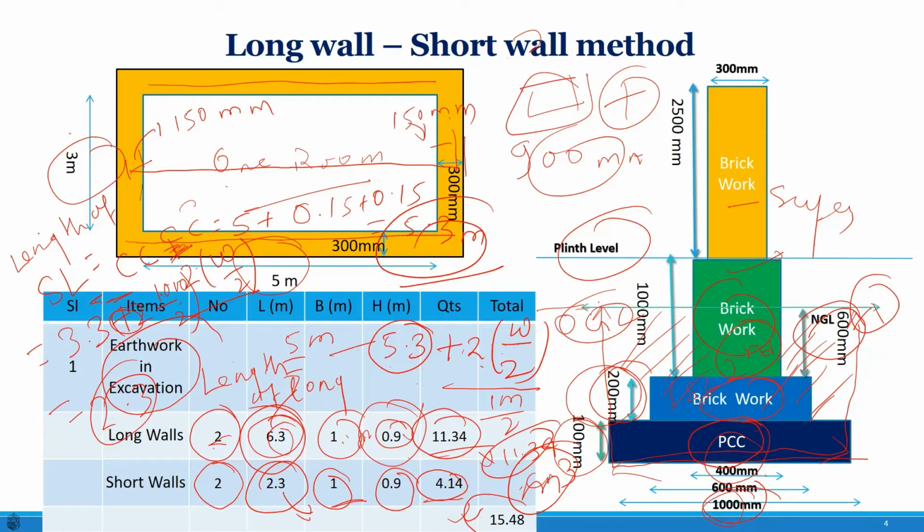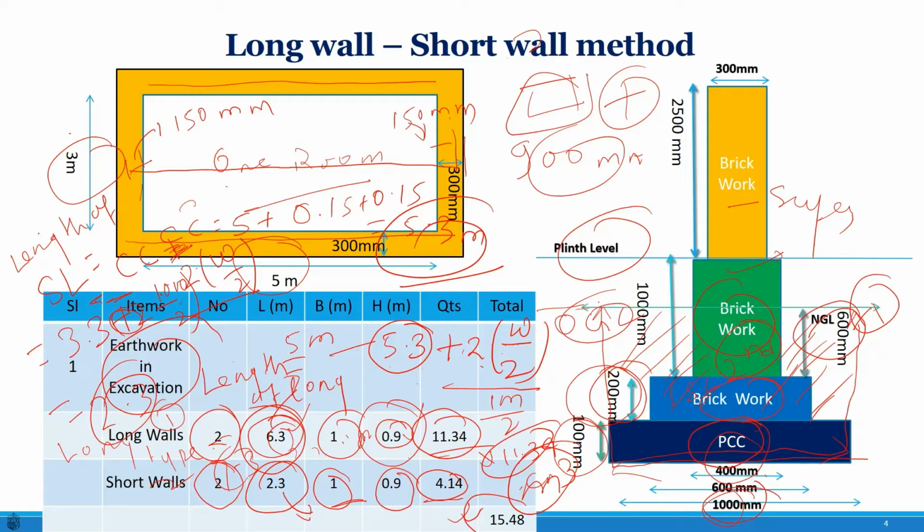So based upon those short walls and long walls, you need to identify how many particular walls there are. Like long wall type 1 has a length of 6.3 meter, maybe long wall type 2 will be 7.3 meter, and such. Based upon those, we will again be able to calculate the earthwork in excavation.